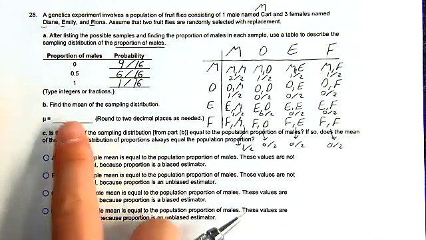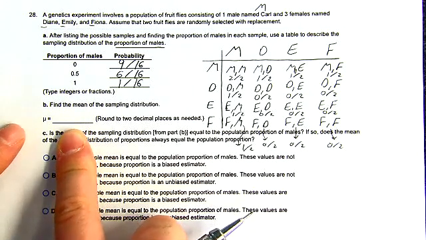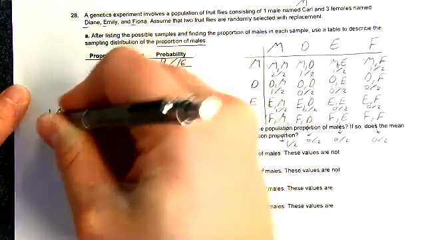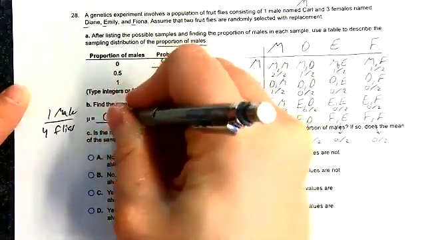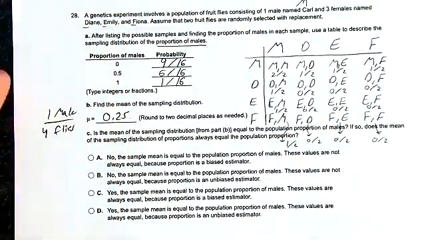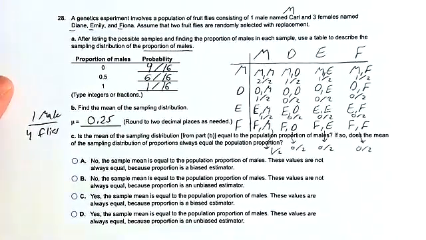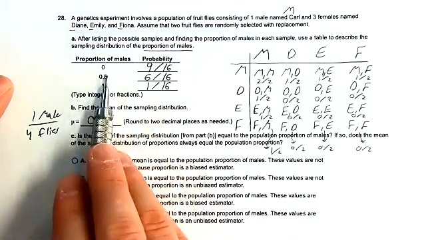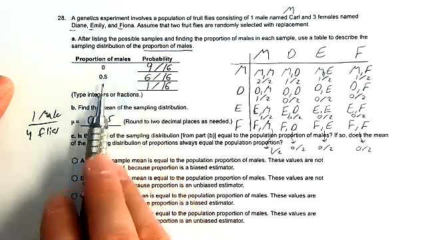Okay, now they want us to find the mean of the sampling distribution. So this is actually pretty simple. The mean of the sample would be, there is 1 male out of 4 flies, so it would be 0.25. The harder part, as it always is, is getting the mean of the sampling proportions, which would be each of these numbers times their fractions.